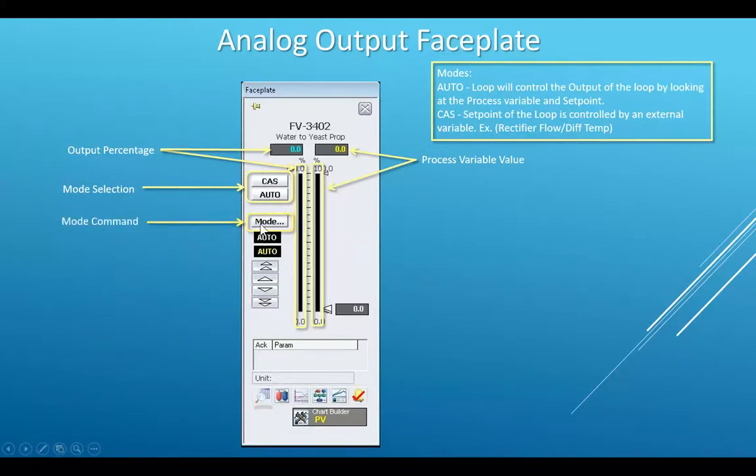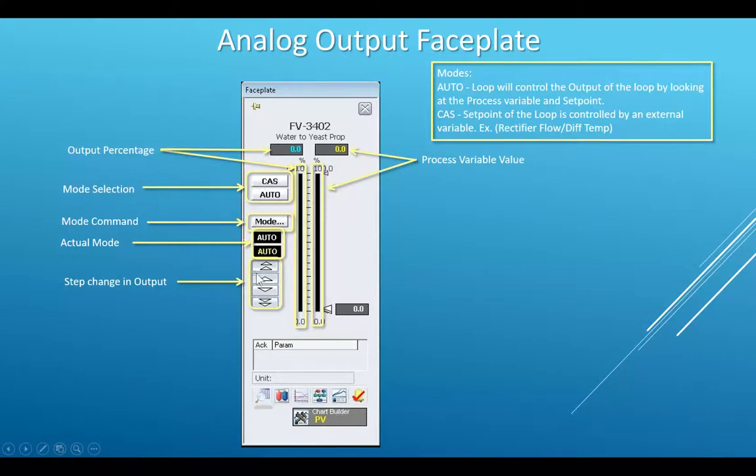This is how you change the modes. And right now you're telling it to be in auto, and then it says it is in auto. So you might be telling it to be in cascade, but it might be in auto anyway for various reasons.